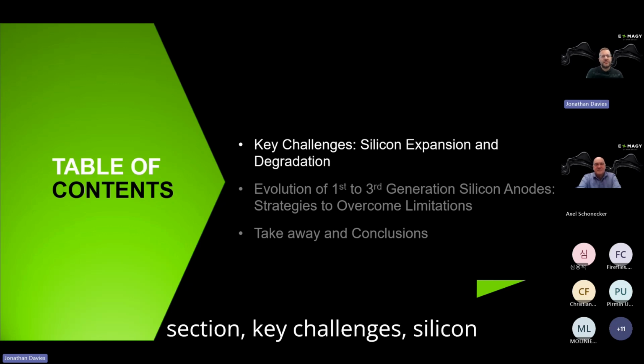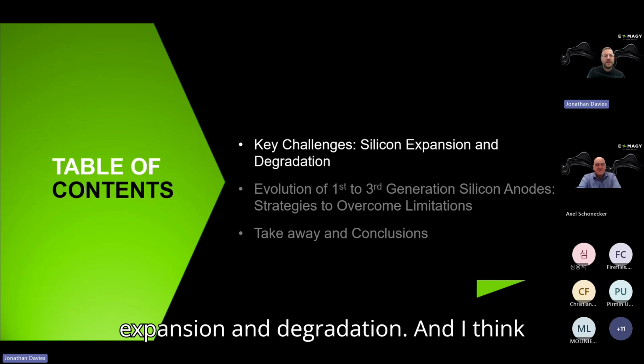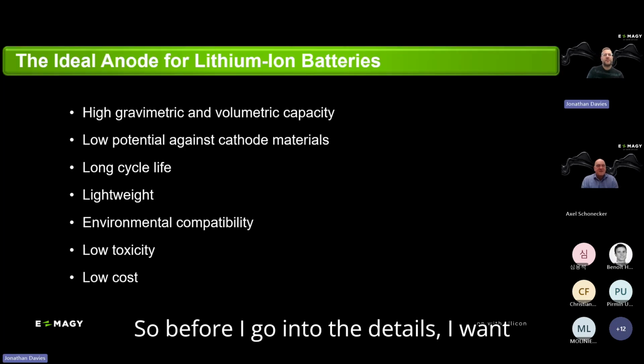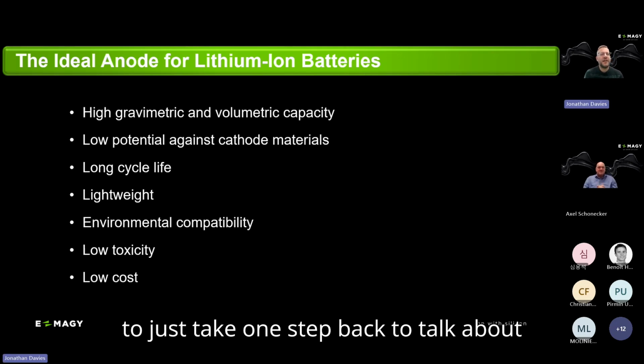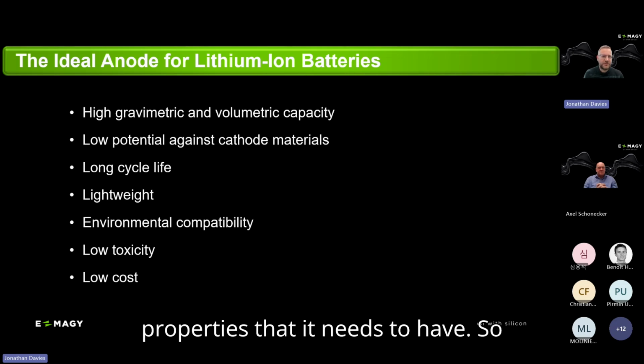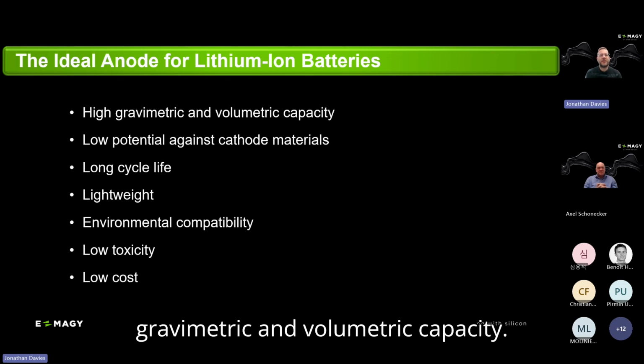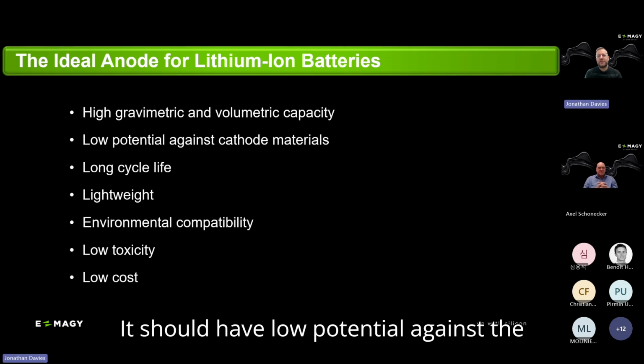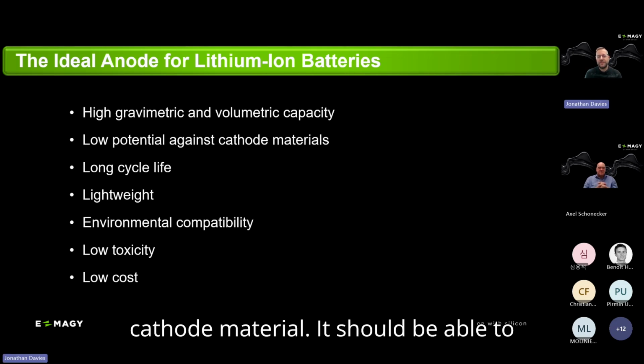So the first section, key challenges: silicon expansion and degradation. Before I go into the details, I want to take one step back to talk about what is the ideal anode for a lithium-ion battery and the main properties that it needs to have. So first of all, it should have high gravimetric and volumetric capacity. It should have a low potential against the cathode material.